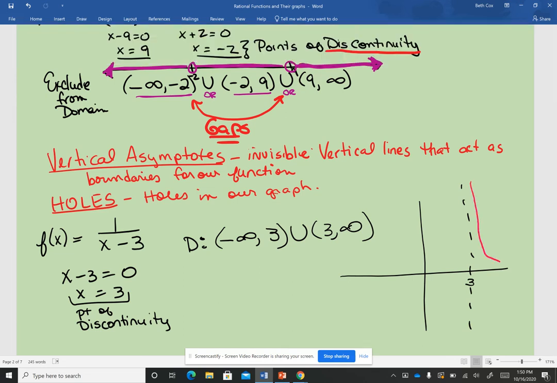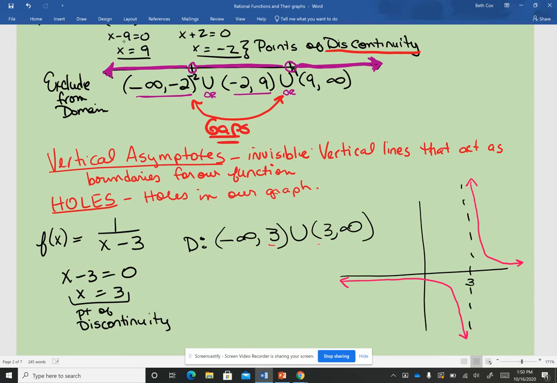It's going to go in like that, and then we're going to go in like that. And so this vertical line acts as a boundary. It's not the only boundary line we have in this picture, but that's what an asymptote is. It is an imaginary or an invisible vertical line that acts as a boundary.